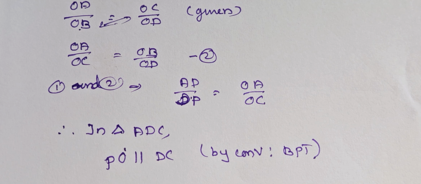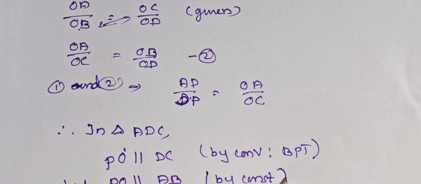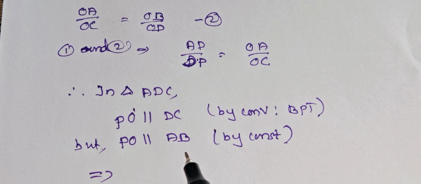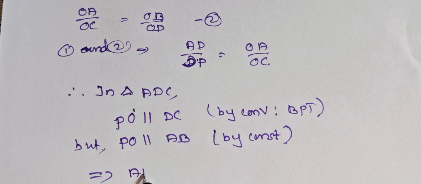Now, PO is parallel to AB. Reason, by construction. By construction PO is parallel to AB. That implies PO parallel to DC and PO parallel to AB means AB is parallel to DC.